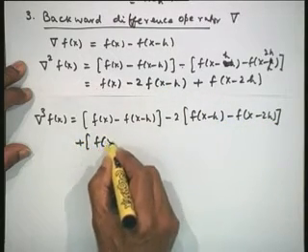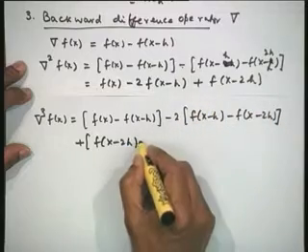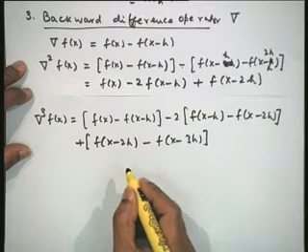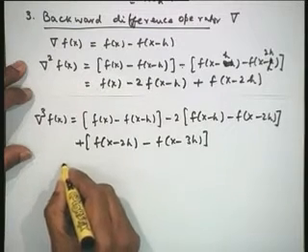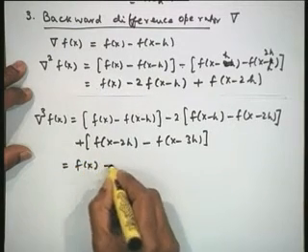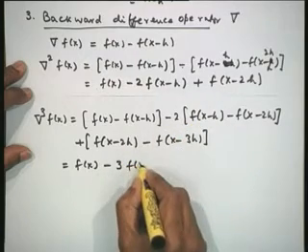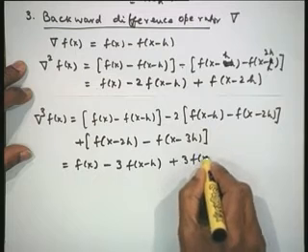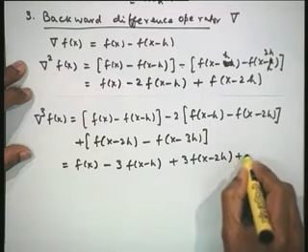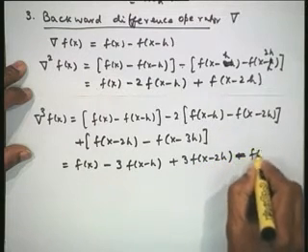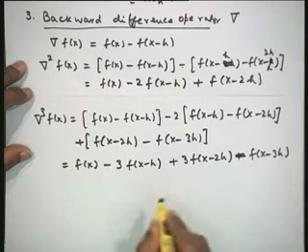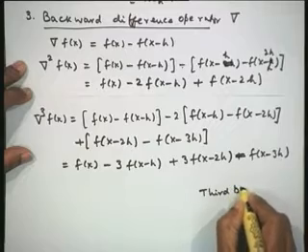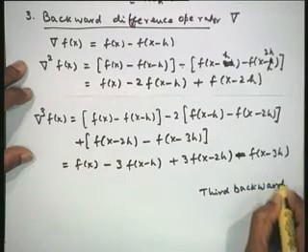Corresponding to the third factor, we will have f of x minus 2 h minus f of x minus 3 h, which I can simplify and write as f x minus 3 times f of x minus h plus 3 times f of x minus 2 h minus f of x minus 3 h. So, this we shall call the third backward difference.